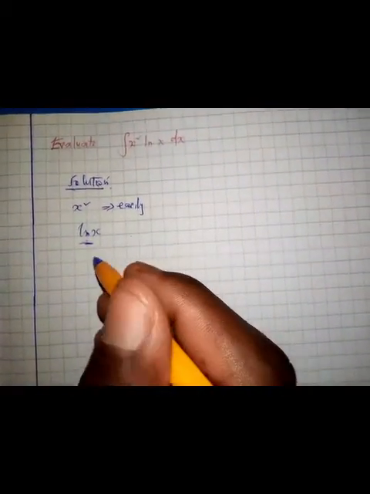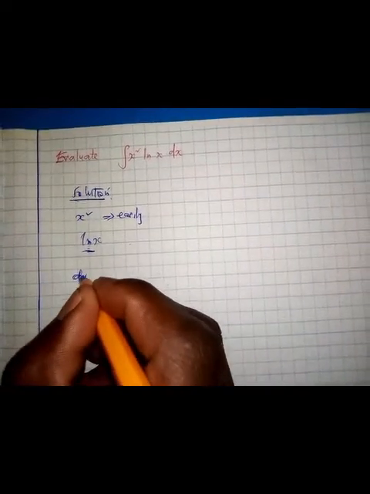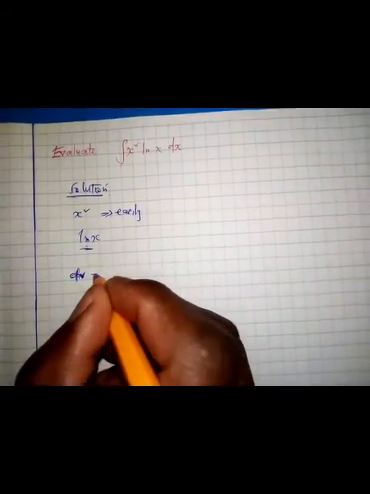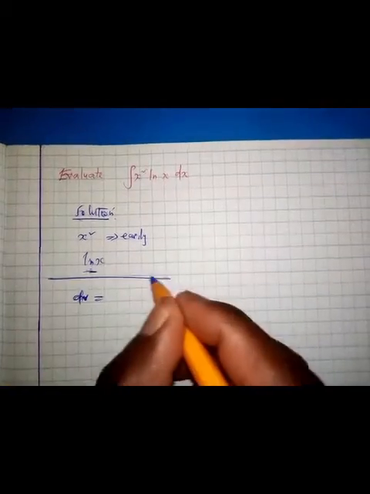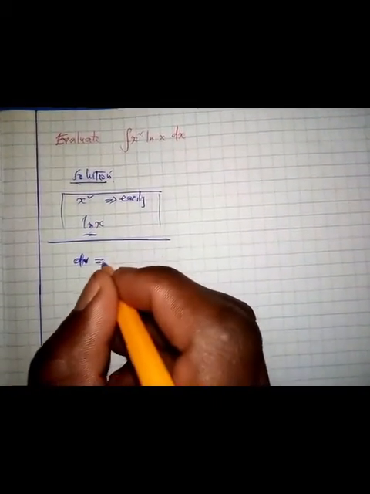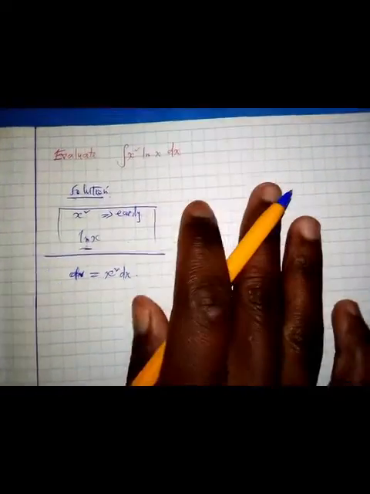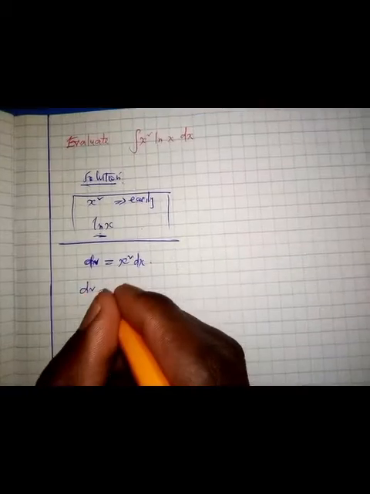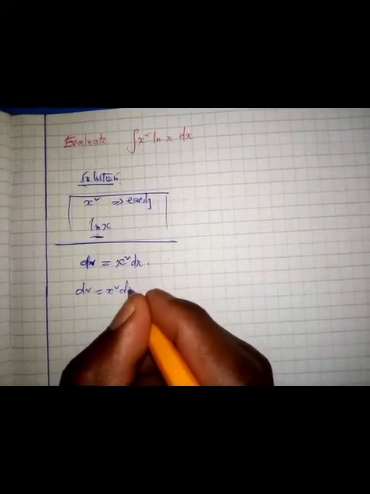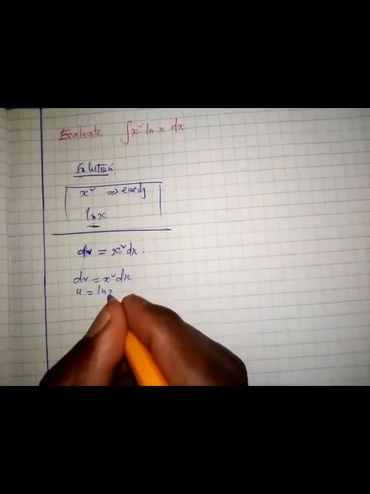Therefore, we should let dv be equal to x squared dx, then u is equal to ln x.